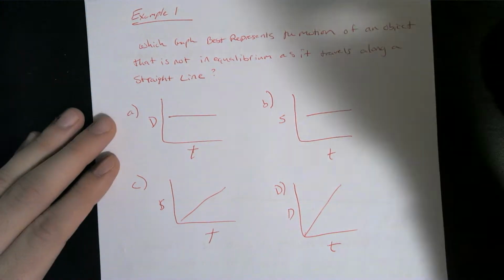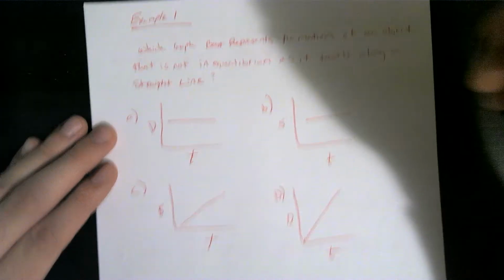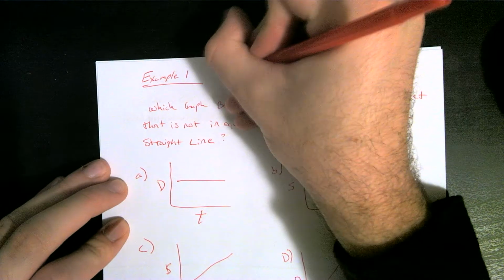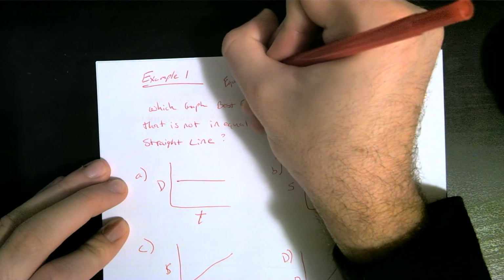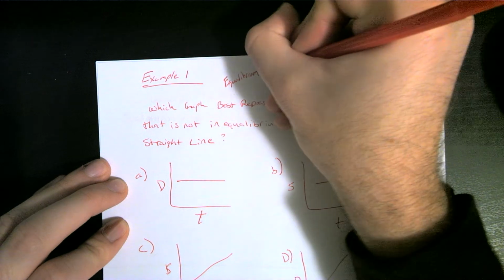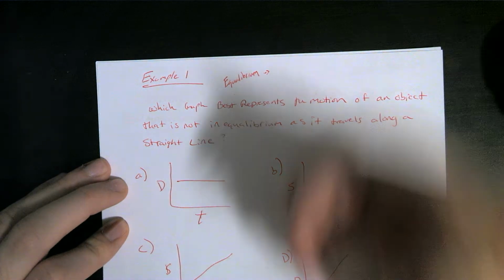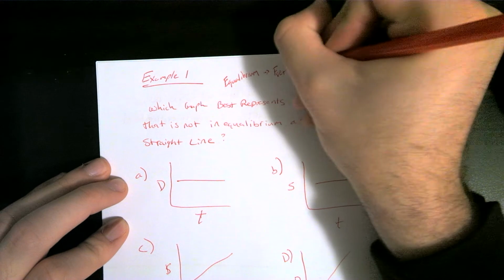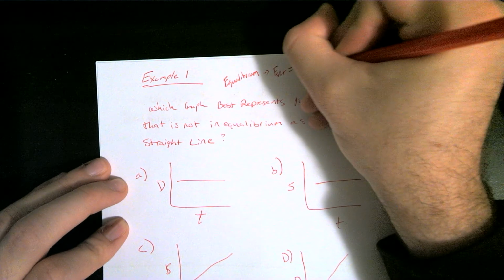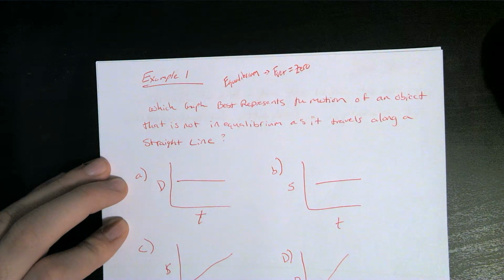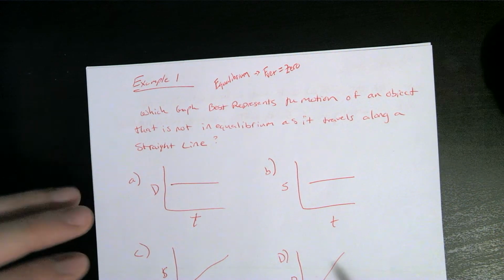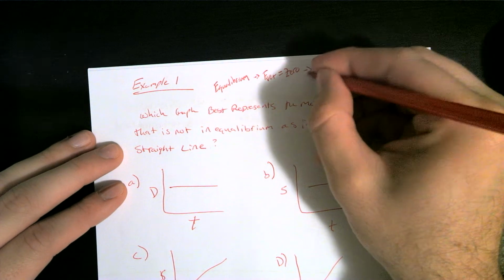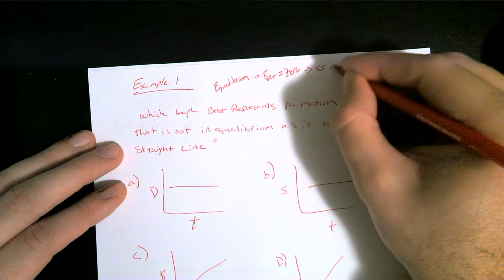Well, we know that for an object to be in equilibrium, the F net is 0. If the net force is 0, that tells us there's no acceleration.